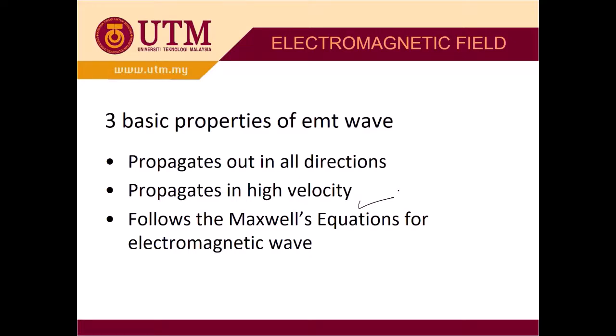That's why when we use our mobile for communications, we can call anybody located very far away, almost at the same time because of the speed. And we have to say that the EMT must follow the Maxwell equations for electromagnetic wave.